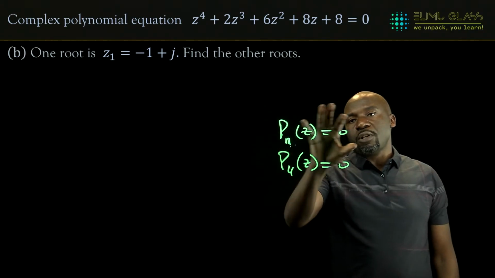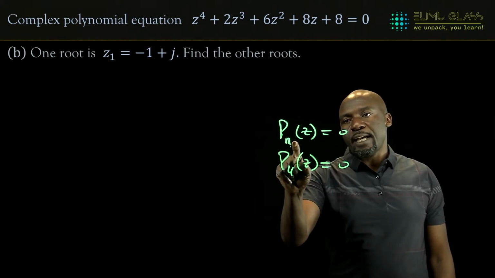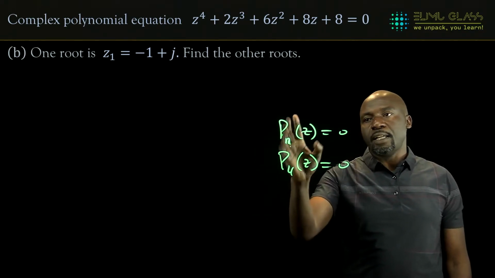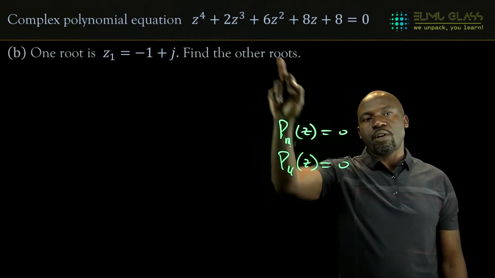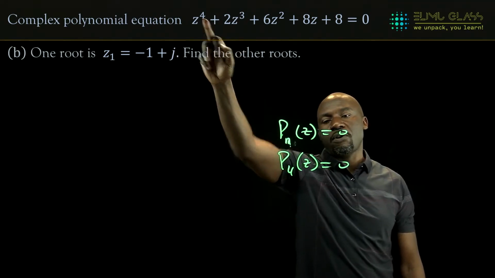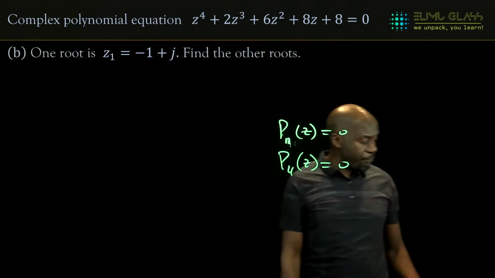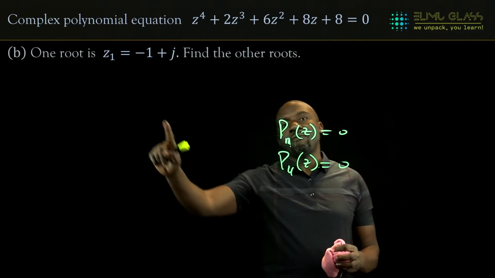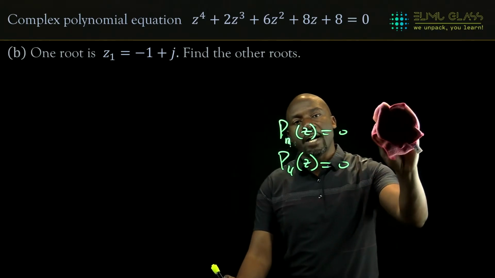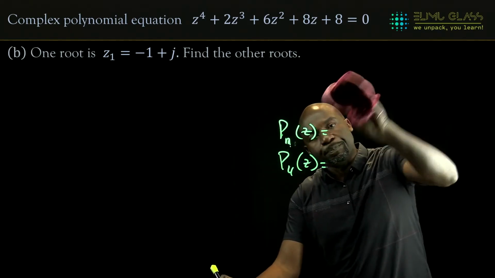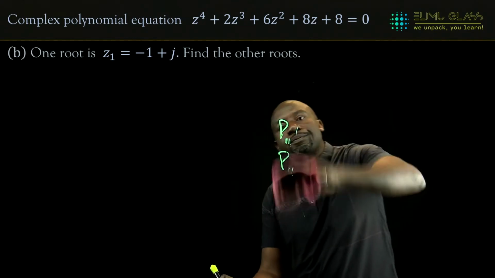A polynomial equation of order n has exactly n roots. So our equation has an order of 4, so we expect that there are 4 roots to this equation. So we are going to find 4 roots. We already have one, so then we are left to find 3 roots of the 4.